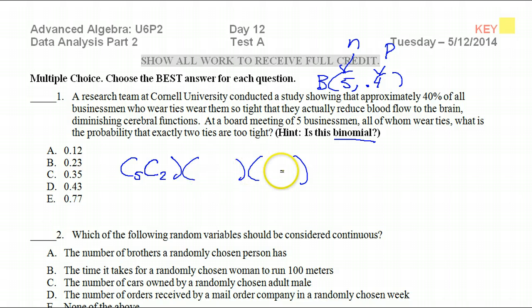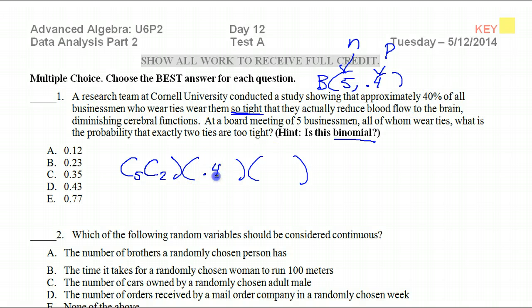Now, these other 2 parentheses are probabilities. The first one is the probability of success. In this case, what I'm calling success is actually something bad. It's so tight that they reduce blood flow, too tight. Anyway, the probability of having the necktie too tight is 40%.